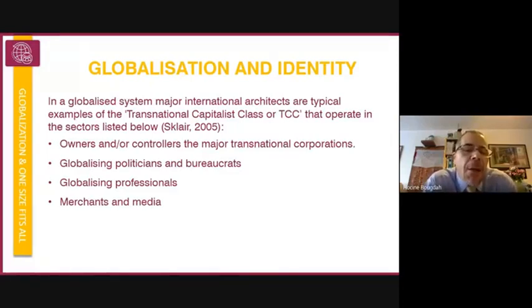However, they also have other professionals and other people who help them deliver what they need to do. That's like globalizing politicians and bureaucrats, because they are decision makers and they usually decide what gets built and where, and where the funding comes from.